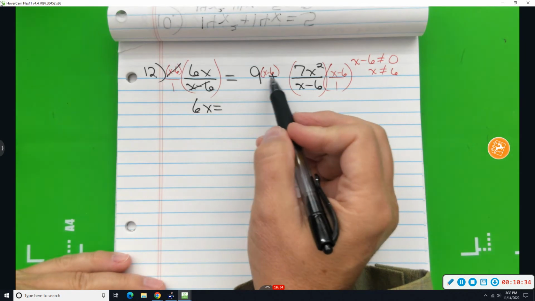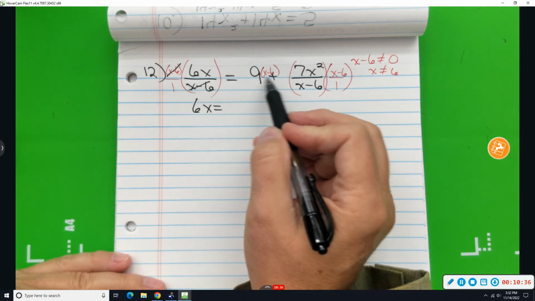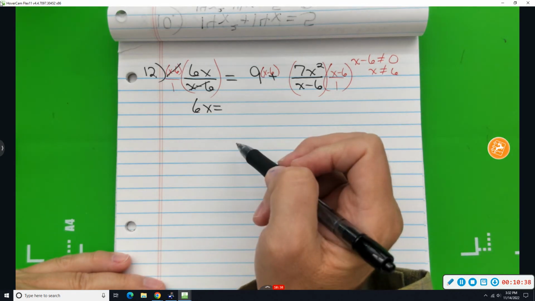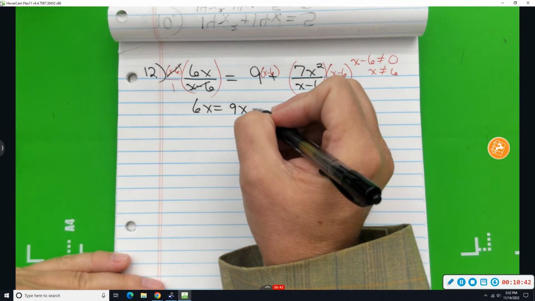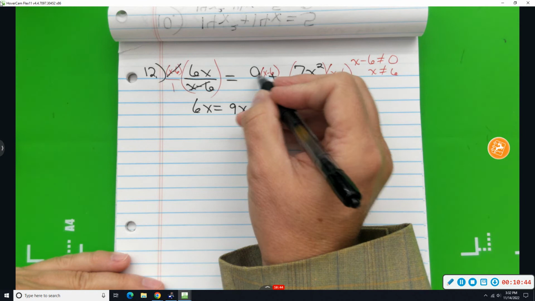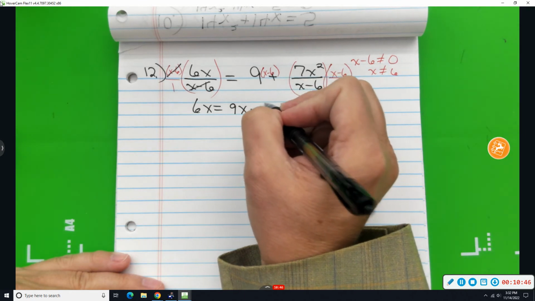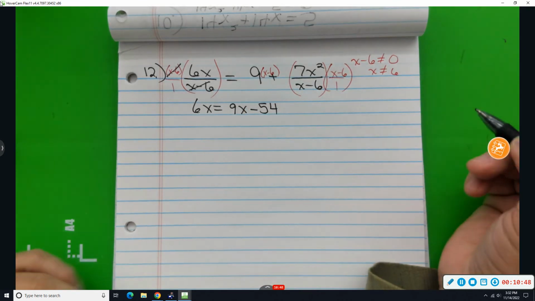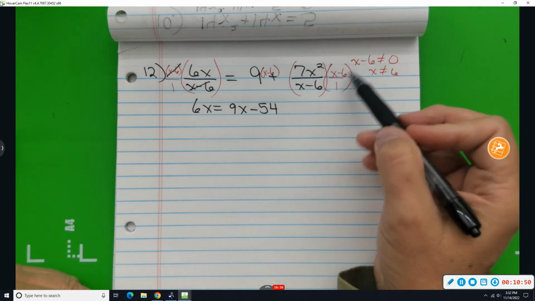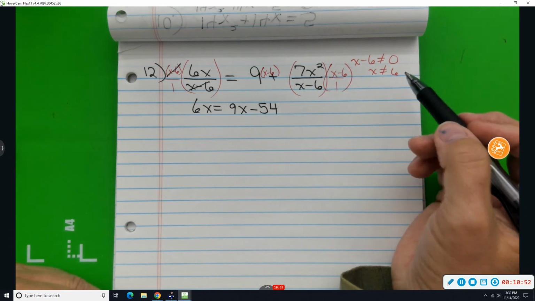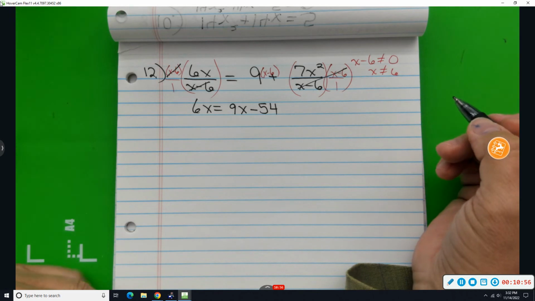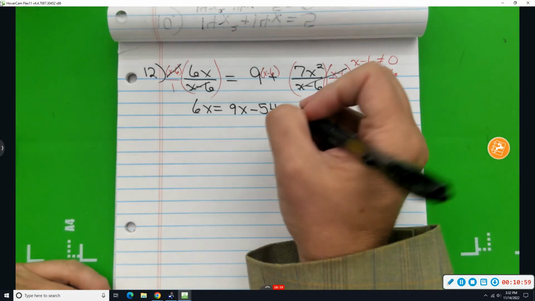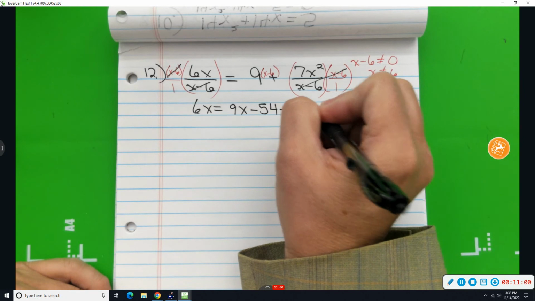We have a 9 times x minus 6. Distribute that 9. What's that going to give us? A 9x, I agree, and what else? 9 times negative 6, a minus 54. This last product, what's going to happen? The x minus 6's cancel, leaving us just a 7x squared.